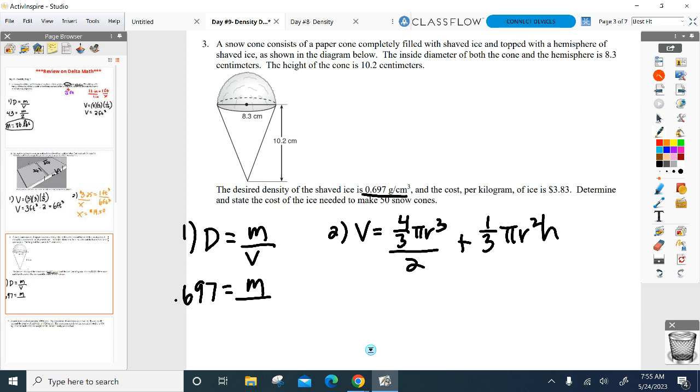Don't use 8.3, but go ahead and calculate the volume of a cone. Make sure you cut the volume in half of the hemisphere.